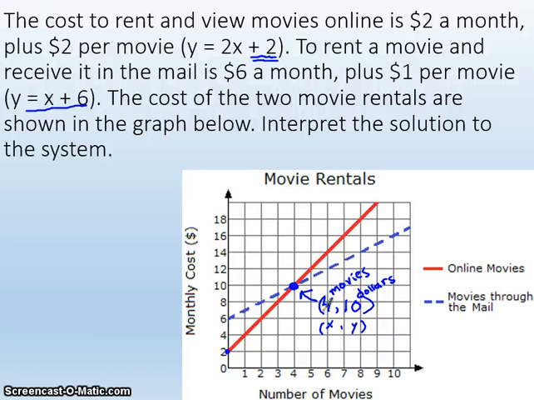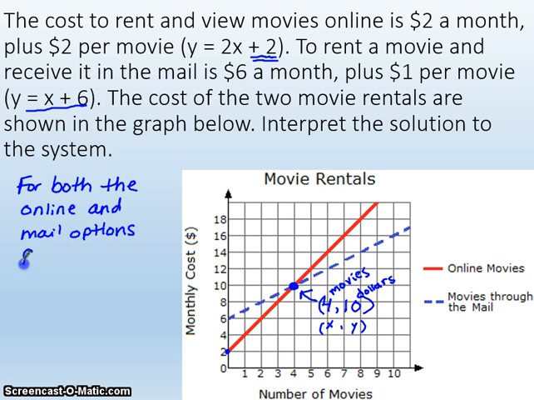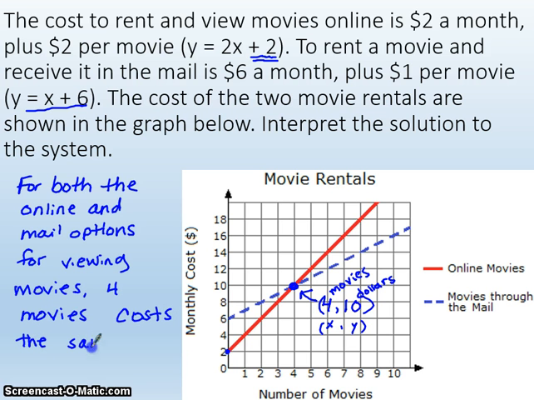So what this means is, for both the online and mail options for viewing movies, four movies costs the same amount, and that amount is $10.